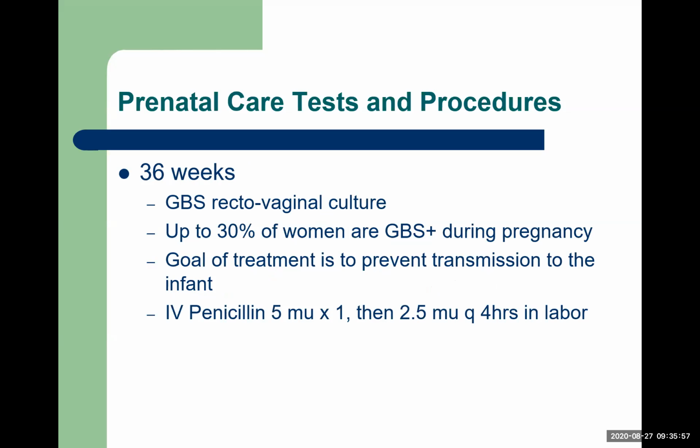They think they're infected, or they think, oh my gosh, is this so bad? And so I always counsel my patients that this is just a routine screening test, and that it doesn't mean that they have an infection, because as you know, GBS does not represent a vaginal infection, but it's very important because it helps to prevent transmission to the baby, right?